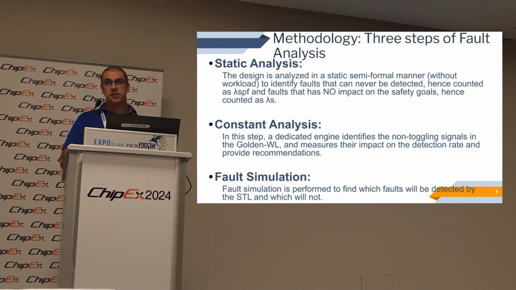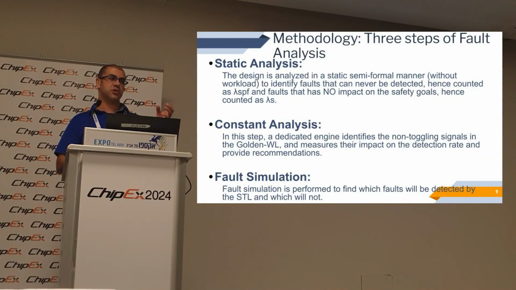The constant analysis, on the other hand, was proven to be very helpful also. It's a dedicated engine that can identify non-toggling signals in the waveform or constants in the design. This is very important because in some scenarios you have configuration registers or some configuration of the IP, since this is an off-the-shelf IP.